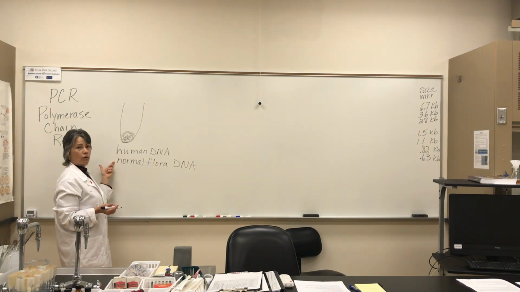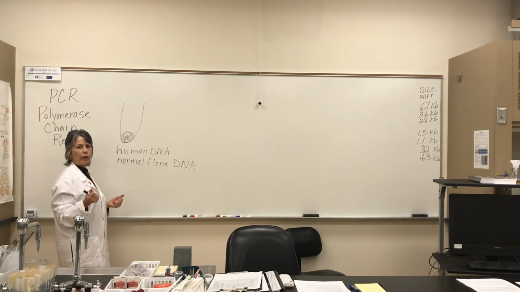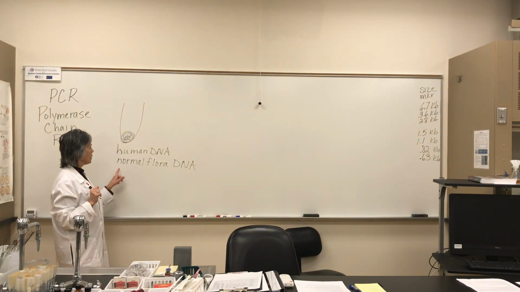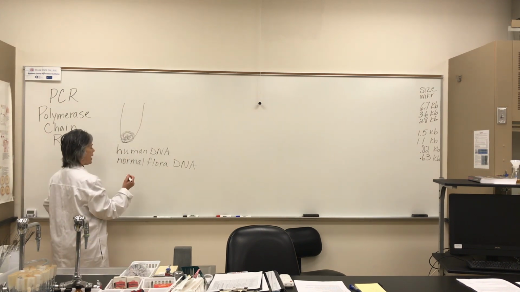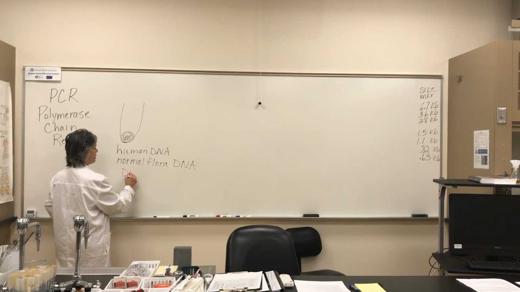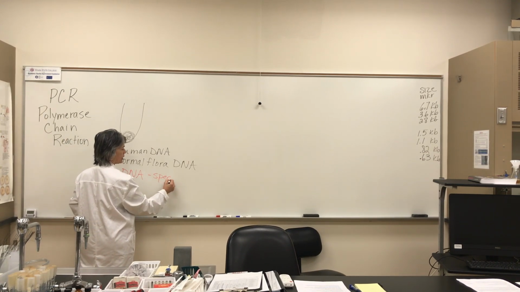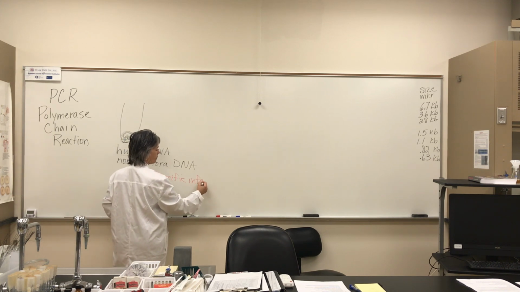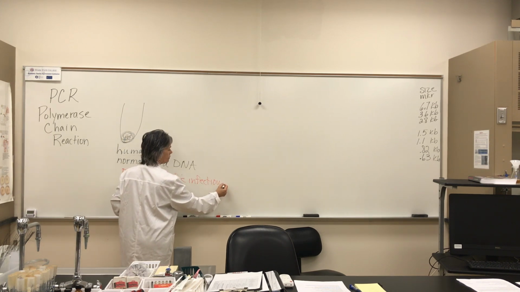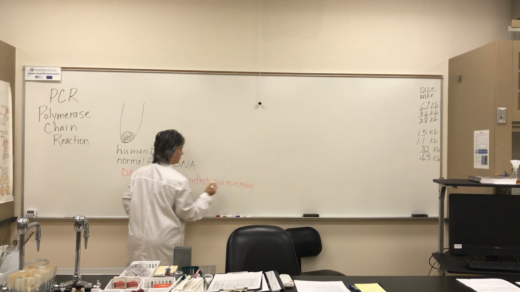You're going to expect normal flora DNA because you've got normal flora in your mouth, which we will look at more in exercise 49. What we're testing for is, do we have DNA from a specific infectious microbe?